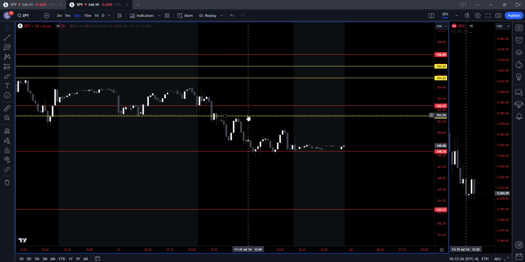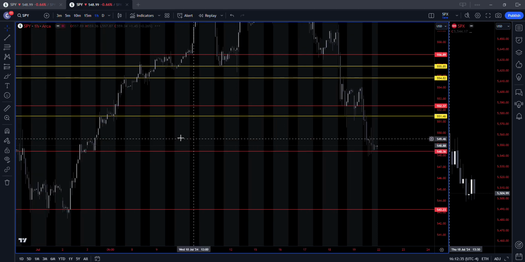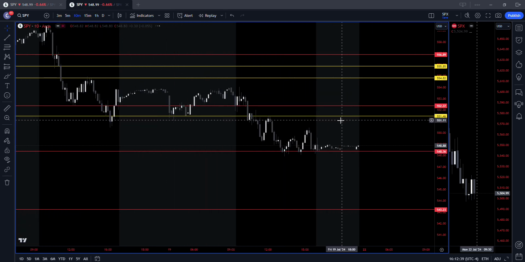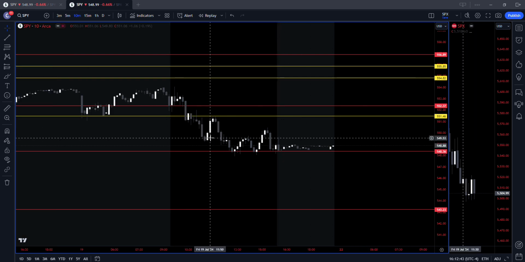You have already done your homework. You already spent like 30 minutes or an hour looking at all these charts and drawing all these lines. But then when the day comes and you trade, you just panic looking at this candle.